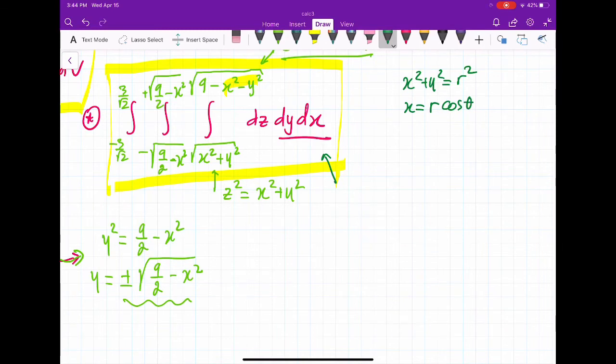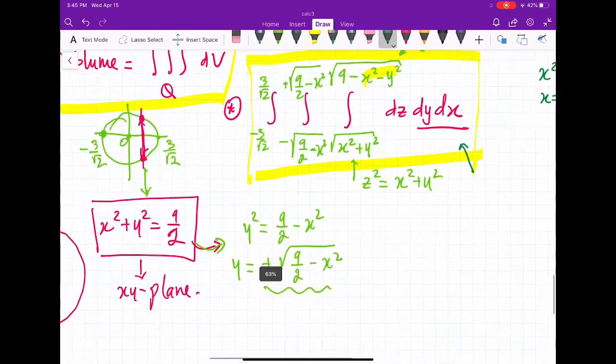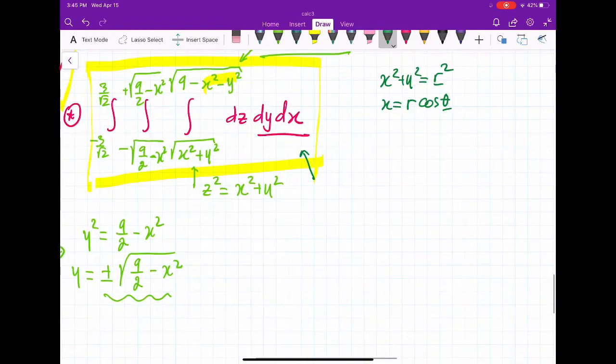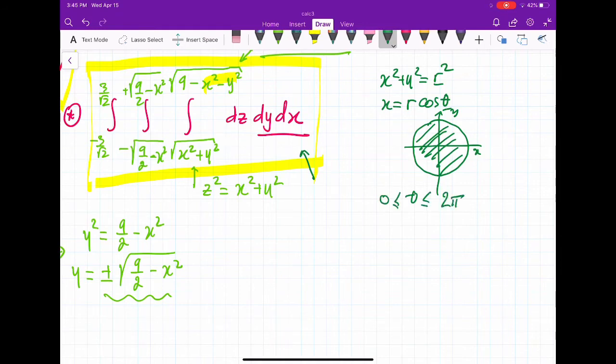And we see we need to find the region of r and theta, right? So this is our circle in the xy plane, and this circle is just theta between 0 and 2 pi, r between 0 and 3 over square root of 2.